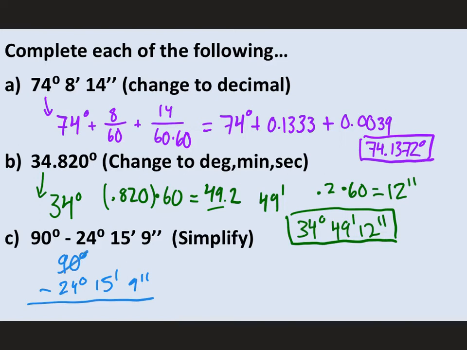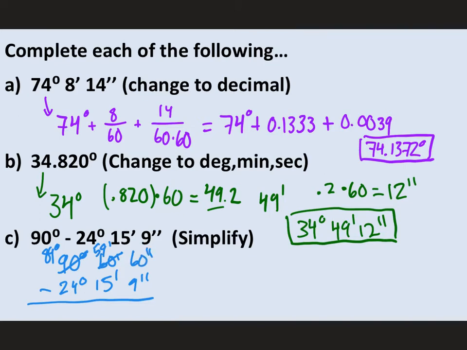If I take one of these degrees, turn that into 89 degrees, that'll leave me with 1 degree to work with. That means I can turn that into 60 minutes. I took that 1 degree and turned it over here into minutes. There are 60 minutes in a degree. I'm going to do the same thing with seconds. I'm going to take one of my minutes, turn this into 59 minutes, and give myself 60 seconds.